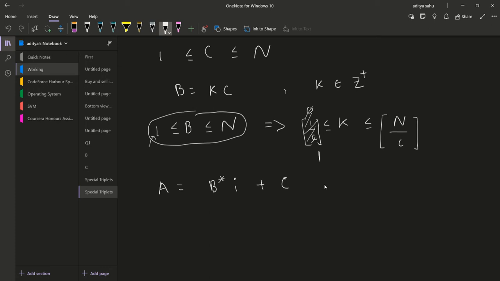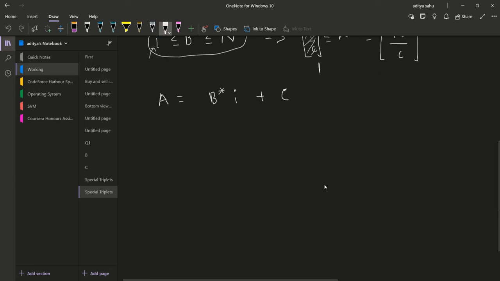So let me explain the way we generate all the pairs from an example. For example, n is given to be 5, so we can have values for c that are greater than or equal to 1 and less than or equal to 5. Now note for C, for any C value, the range of values for B we can have is like this.